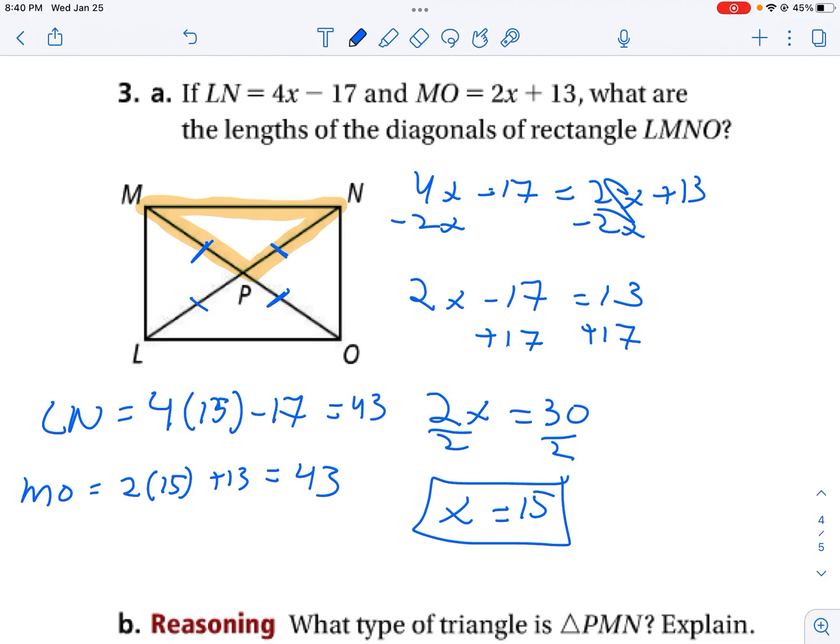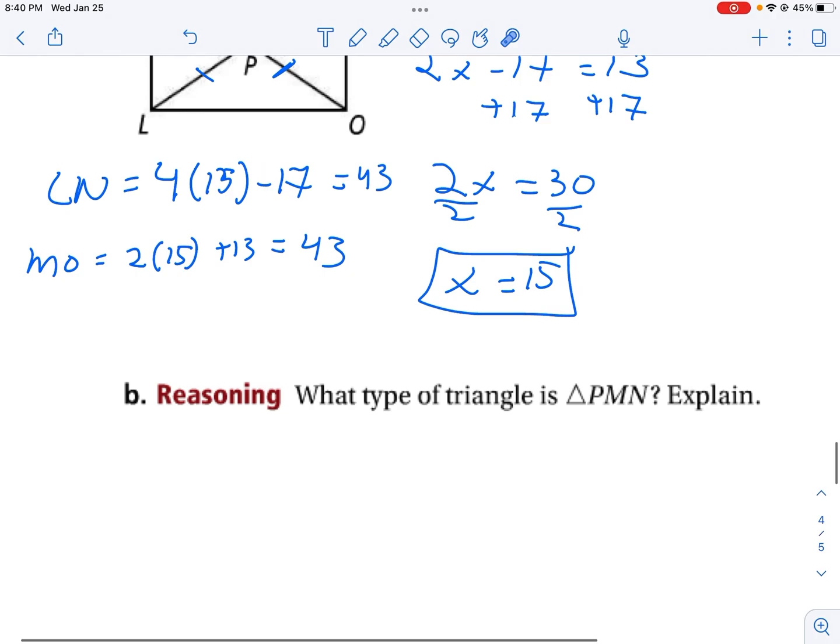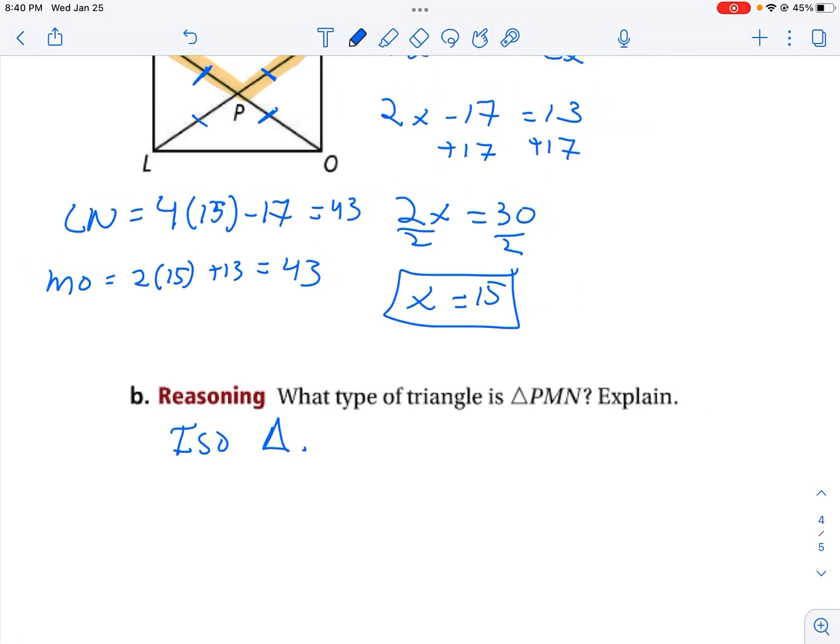So parallelogram diagonals bisect each other. That's how I know that this piece and this piece are the same, and this piece and this piece are the same, but all four pieces are congruent because the diagonals in a rectangle are the same length, but I know they bisect each other because a rectangle is also a parallelogram. So that creates an isosceles triangle.